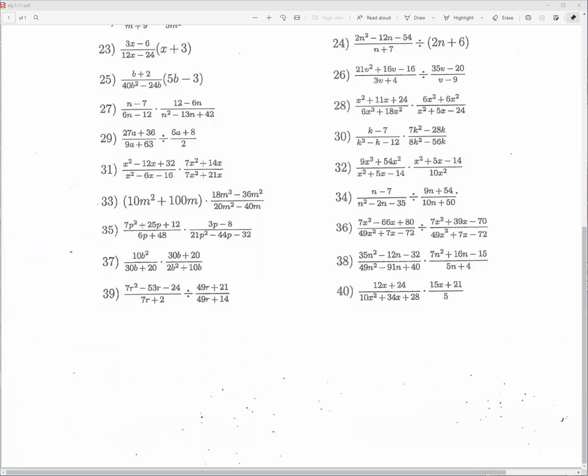The last thing that I'm going to throw in, because I don't see it here, is what happens if there is more than two fractions to deal with. So what if you had, for instance, x over y squared times yz cubed over x y to the third divided by z squared over xy.